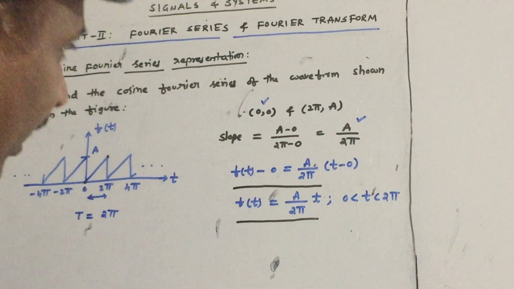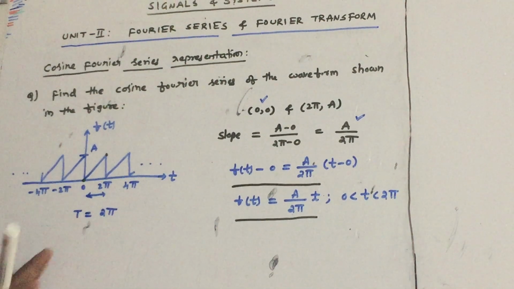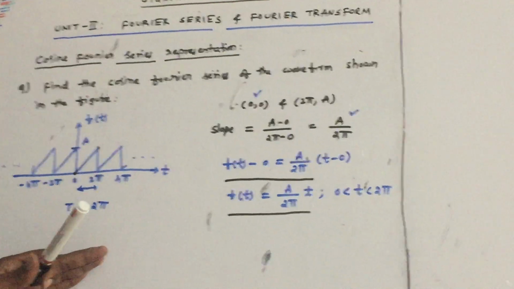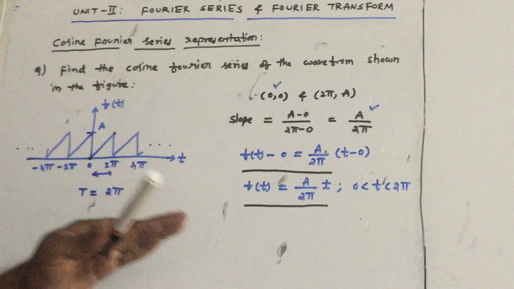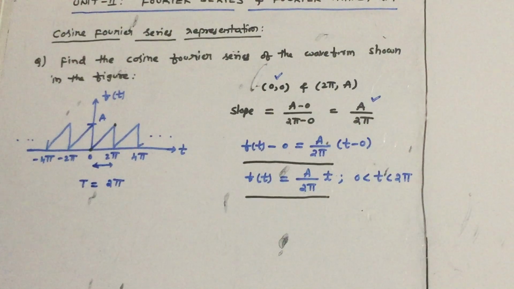Now you can find the trigonometric Fourier series. First we find the trigonometric Fourier series expansion, and later from that we convert it into the cosine Fourier series representation.